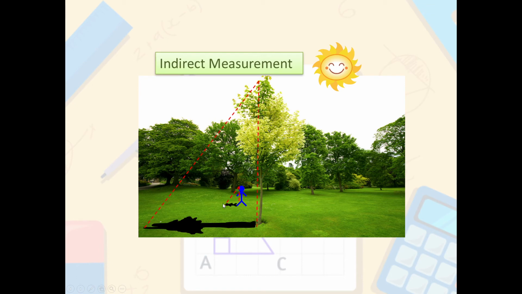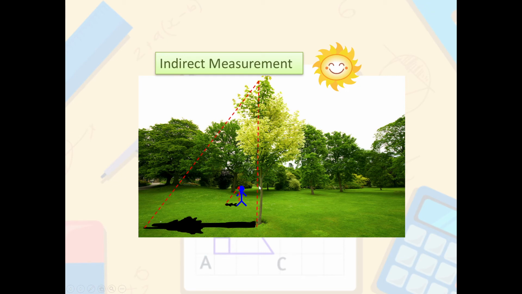Since these two triangles are similar, we use the similarity theorem to show that as long as I know the length of my shadow and my height, then I can measure the shadow on the ground. Then we can set up the proportion to estimate the height of the tree.